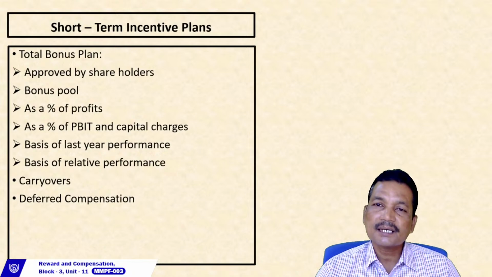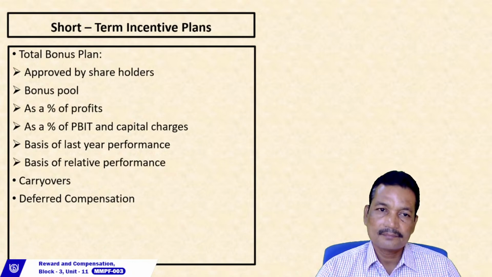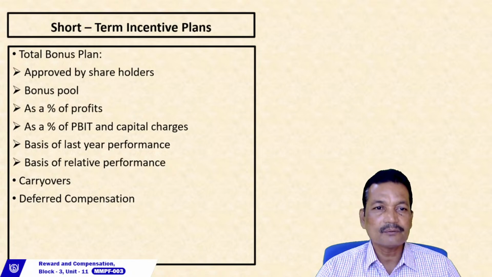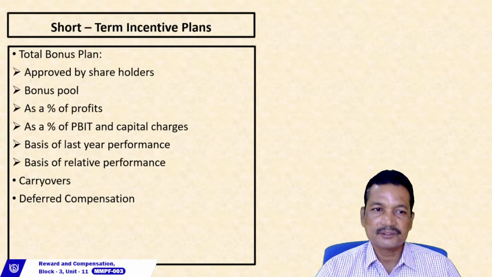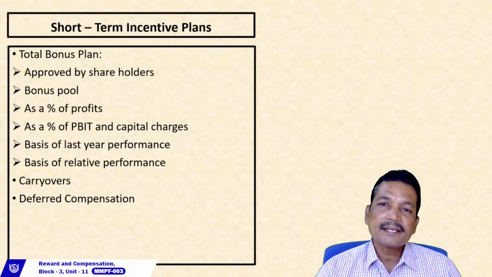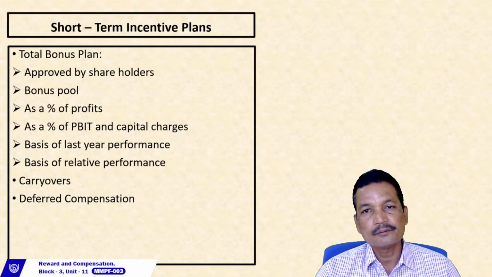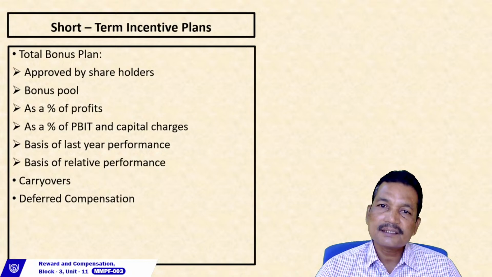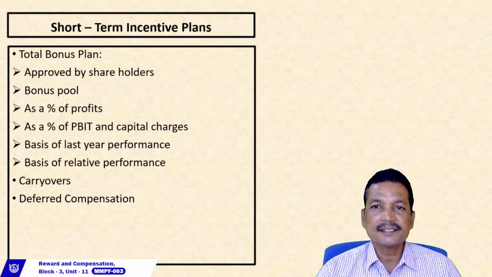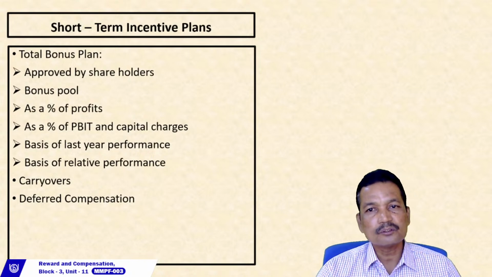So shareholders have to approve how much of the profit will go to the employees as incentives. So they make a bonus pool. That means out of the profit, a bulk amount they set aside as an incentive pool or bonus pool.